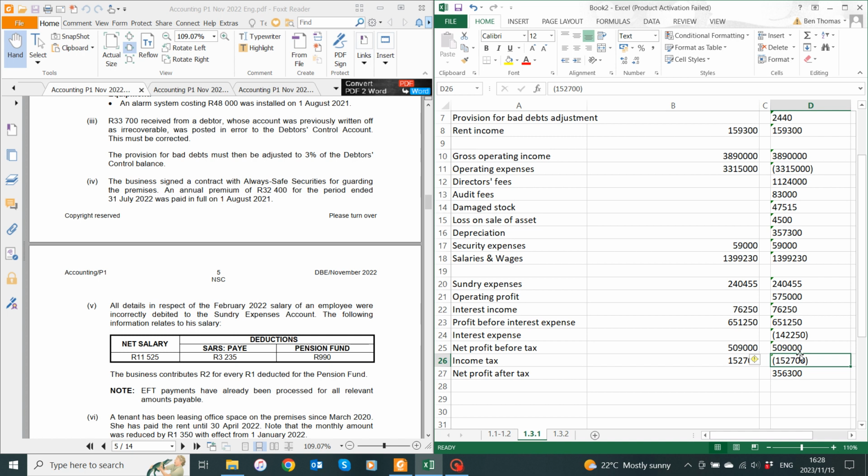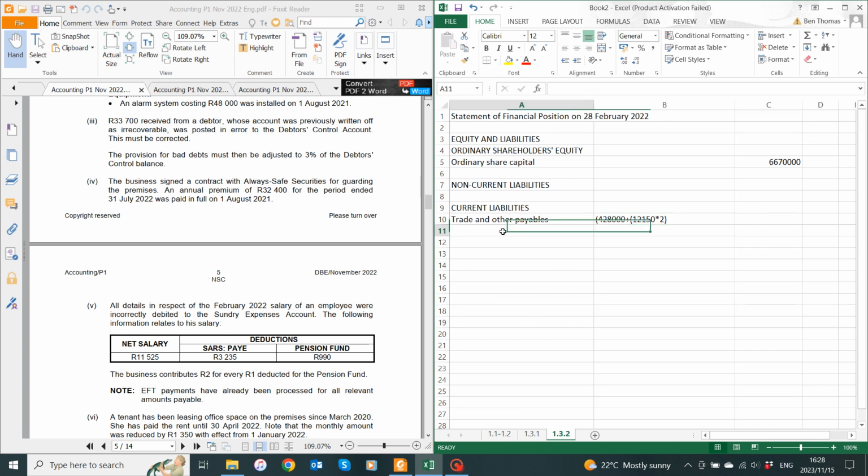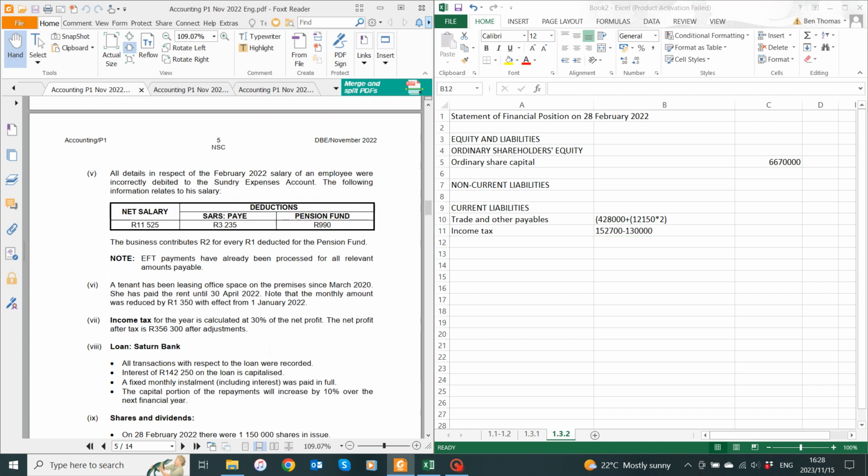So that means you still owe SARS an amount of money. Now, the liability part is what you still owe. So we're going to say here, it's going to be a separate amount. So we're going to say income tax, and then we're going to say 152,700 minus your provisional payments were only 130,000. And we'll do the calculations just now, but I'm leaving this here so you can see what the sum is. Okay, so that gave us income tax.